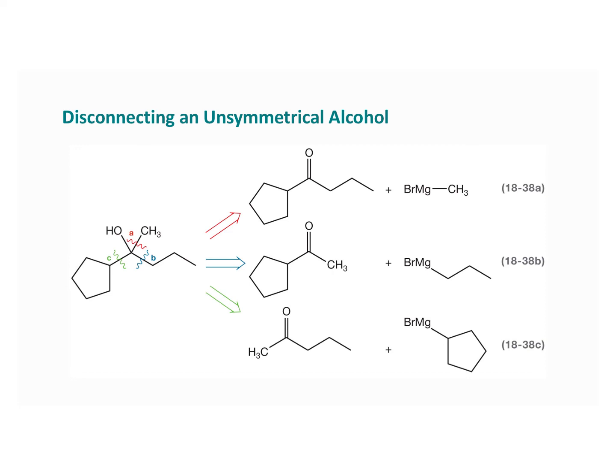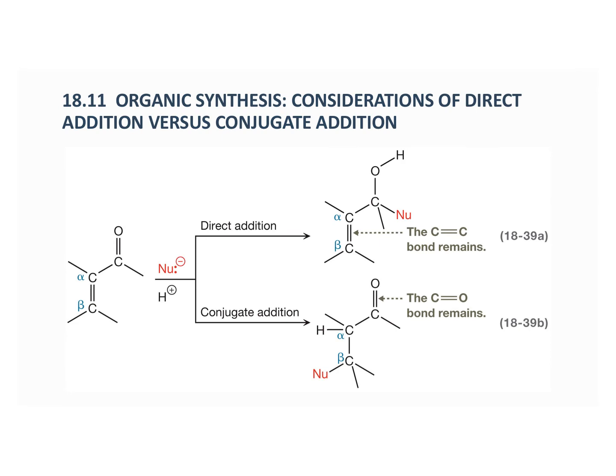Now, precursors. As we saw in section 18.8, which was two screencasts back, I think, a nucleophile can attack an alpha beta unsaturated carbonyl at either the carbonyl carbon here, and that leads to the direct addition product, or the beta carbon here, which gives us the conjugate addition product.